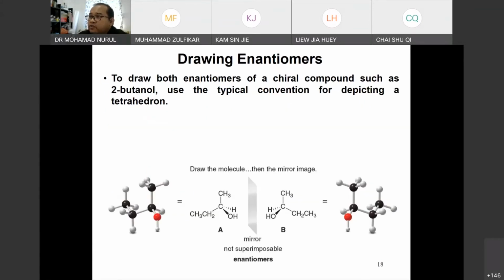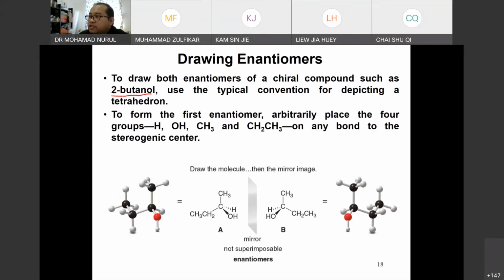So for drawing both enantiomers of chiral compounds such as 2-butanol, use the typical convention by depicting a tetrahedral center. To form the first enantiomer, place the 4 groups H, OH, CH3, CH2CH3 on the bonds at the stereogenic center, and after that, draw the mirror image.